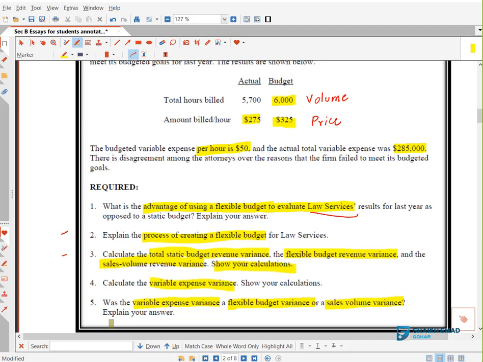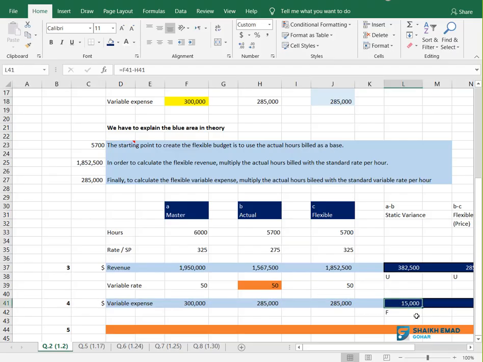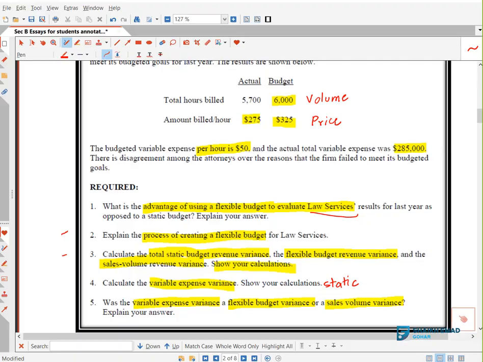You need to calculate the total variable variance. It means static. If examiner is silent, which variance you will calculate? Let me write here for you. Static. Okay, if examiner is silent, you will calculate the static variance. Let us see how much is the variable static variance. It is 15,000 favorable. How much? 15,000 favorable.